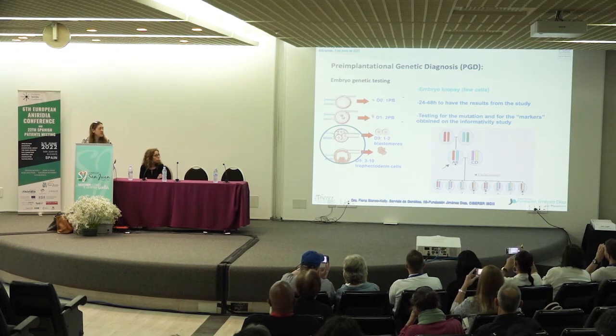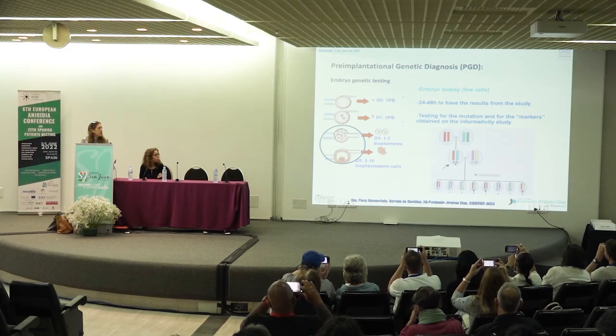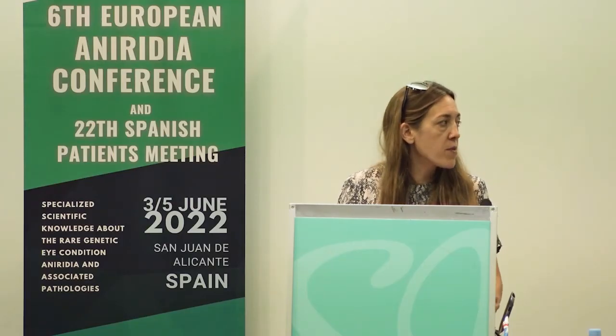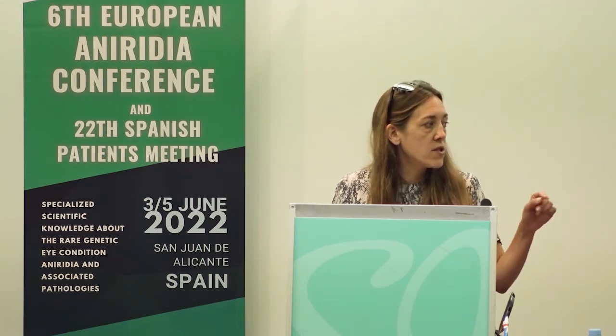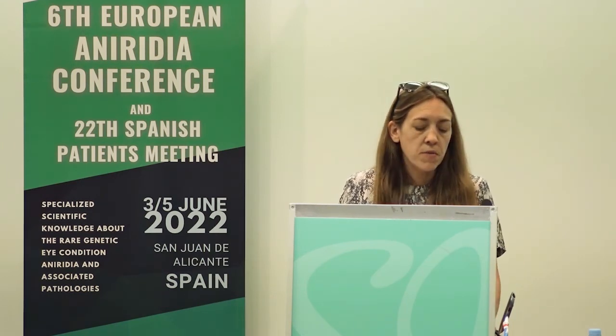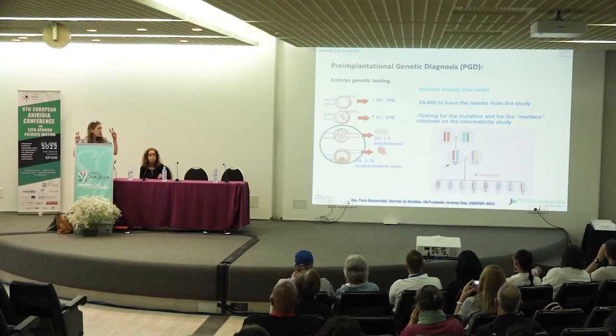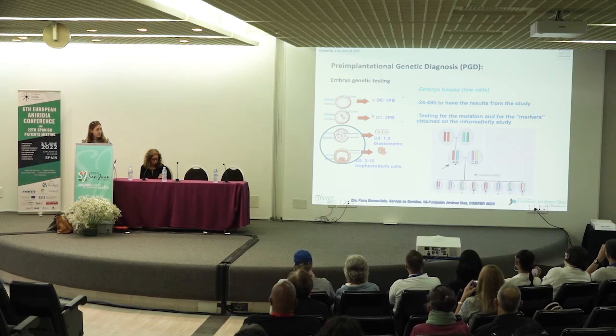So PGD, basically, we create the embryos in a lab, we biopsy them on day 3 or 5, depending on the department, and we study them. And as you see in the picture, we don't just study them for the mutation, but also we try to mark the chromosome that carries the mutation, so we are able to clearly distinguish between an affected embryo and a not affected embryo.